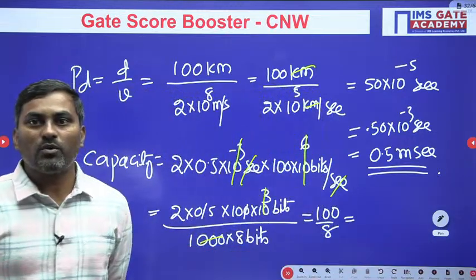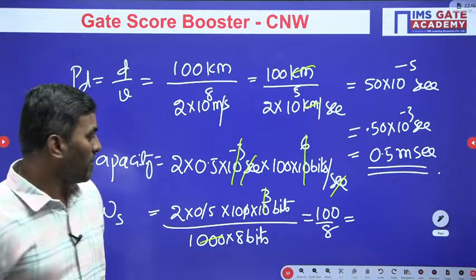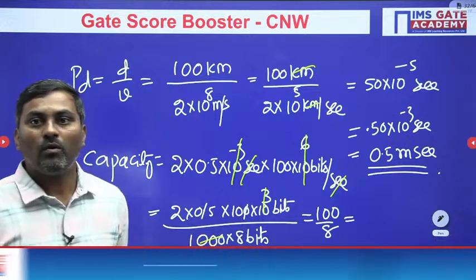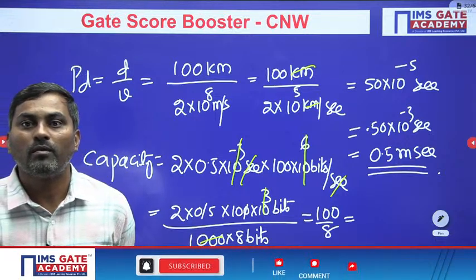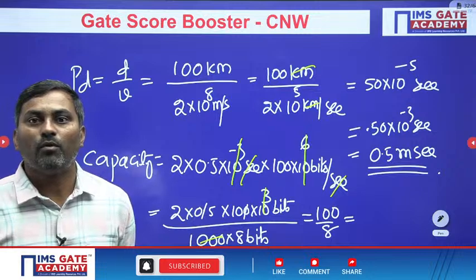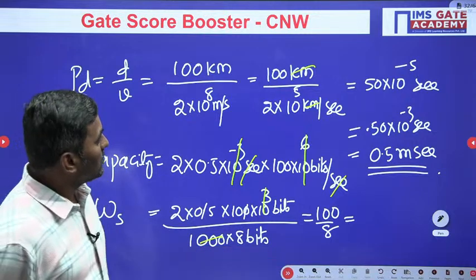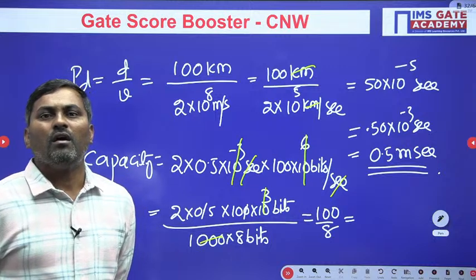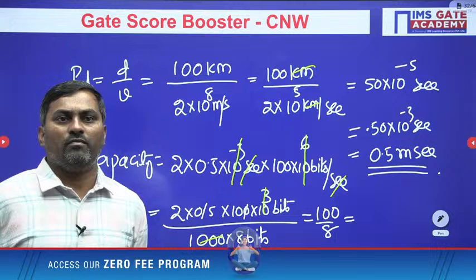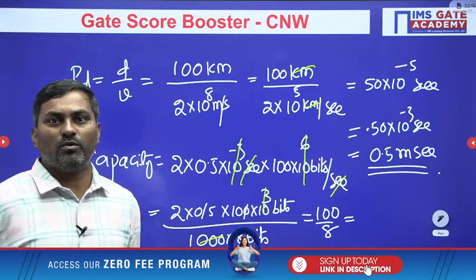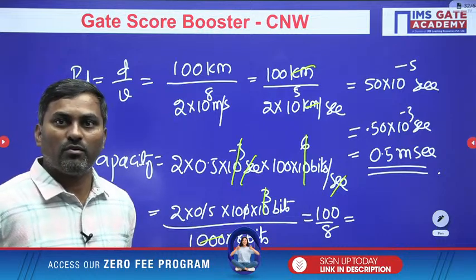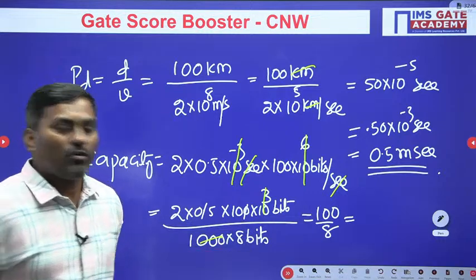So is this the only correct answer, or is anything missed here? 10 power 8, 10 power 6, transmission delay. When it comes to window size, it is 12.5, correct.